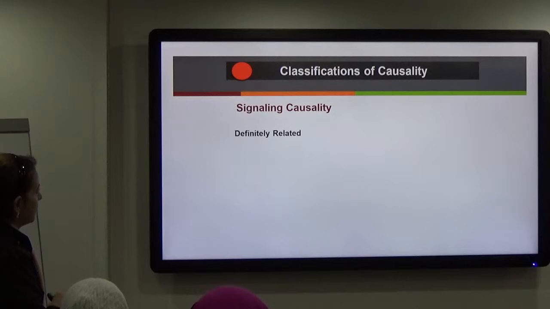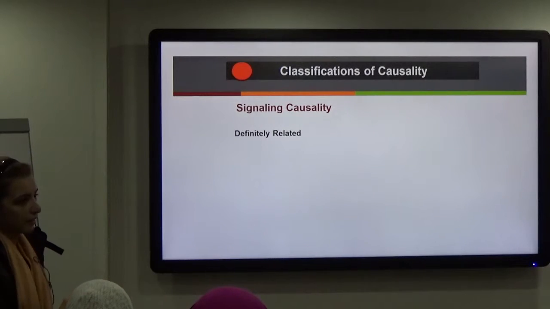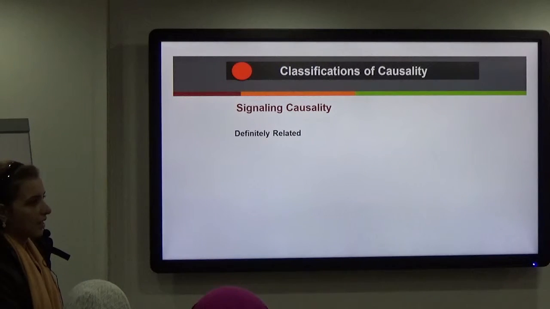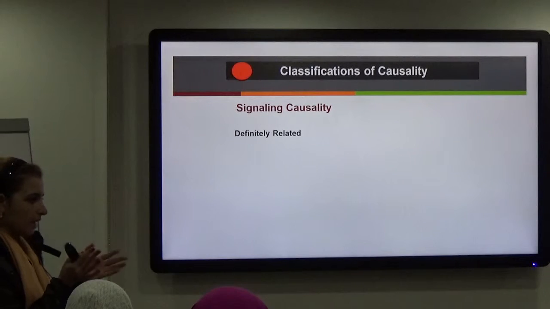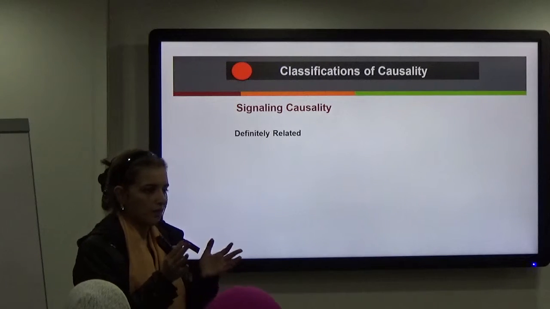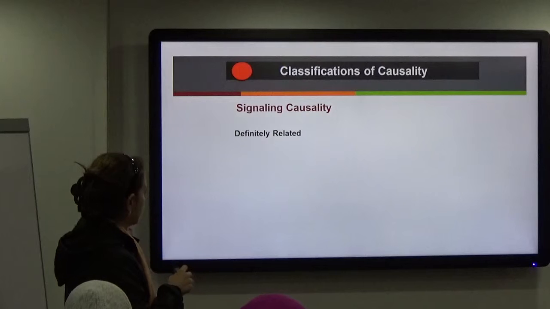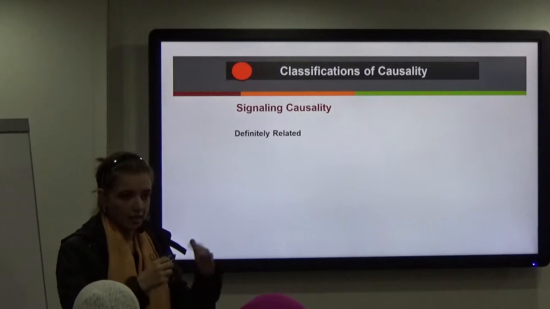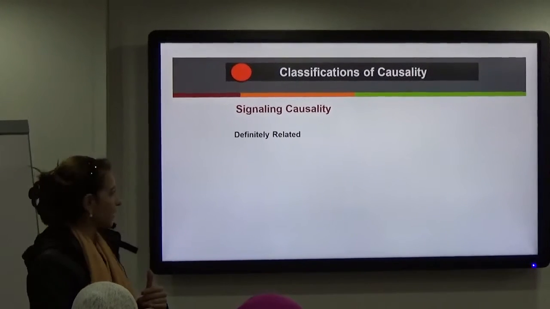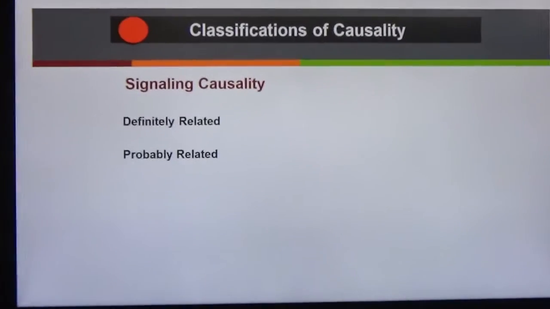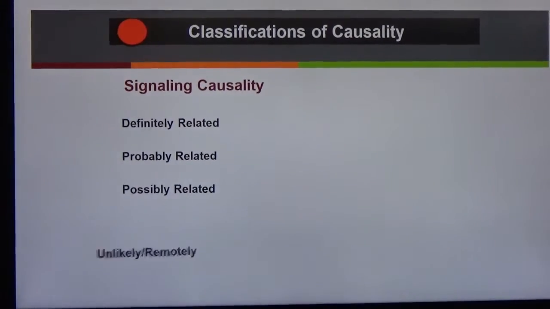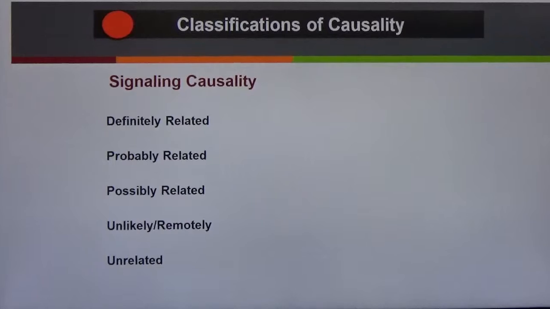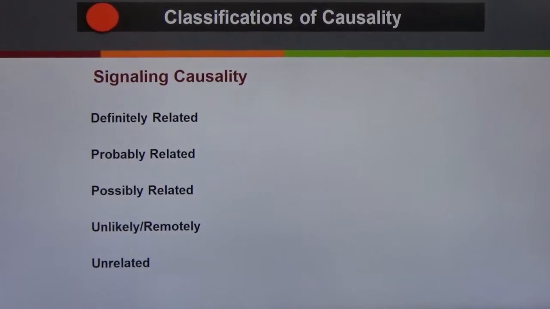Now, with classification of causality, when companies evaluate the causality of the product, they have different categories or classes of causality. Could be definite, could be probable, could be possible, could be unlikely or unrelated.